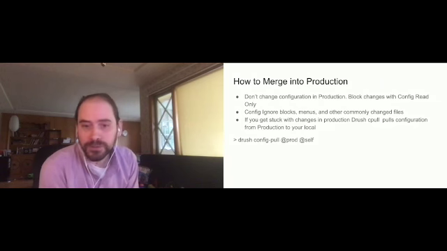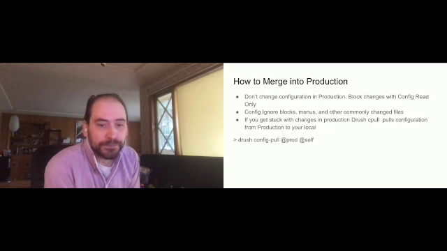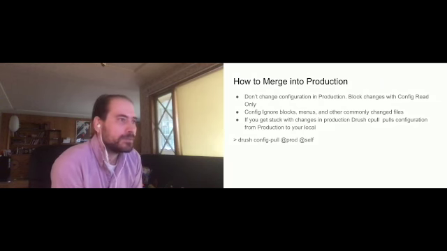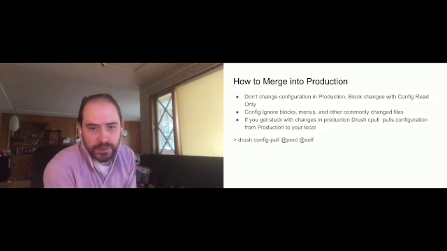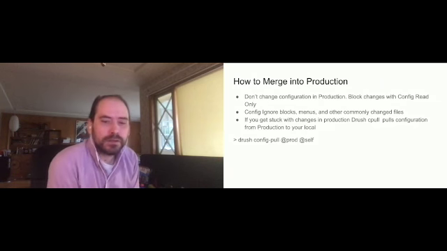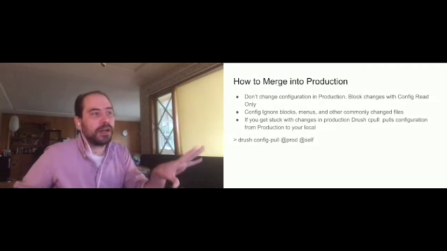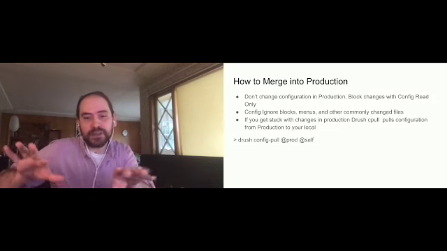The workflow that I recommend is that you enable automatic export, and that you use a module called config read only. Let me back up just a little bit, and to clarify, when I'm talking about merging into production, you've got a dev site, a test site, and a live site.